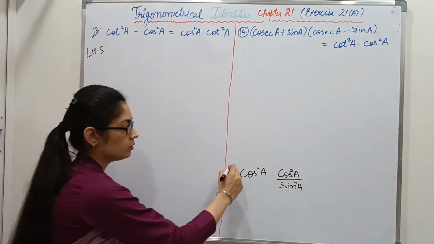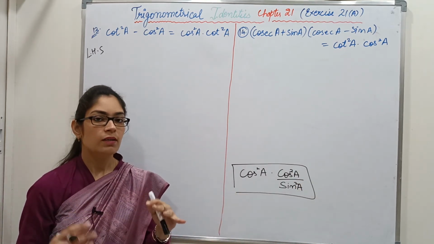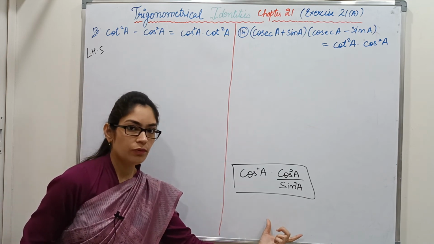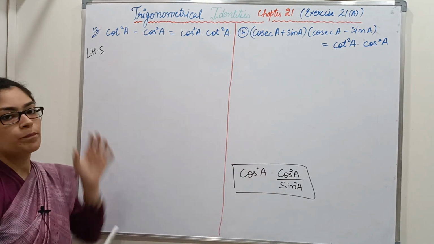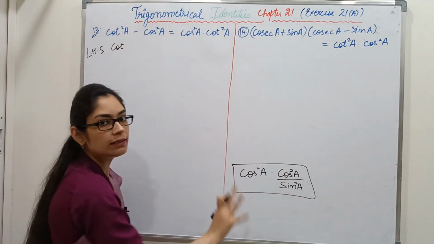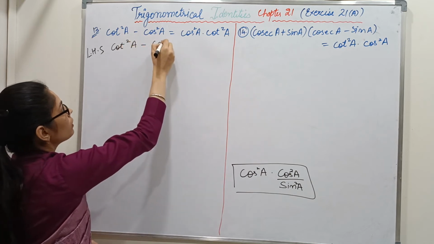Now we are sure. So that means again everything, because first thing is change, and to which thing we should change, that also we should know. So we should change everything of the left hand side to sin and cos, because we need this thing. So left hand side is cot square a minus cos square a.